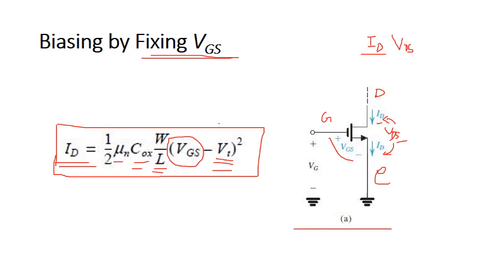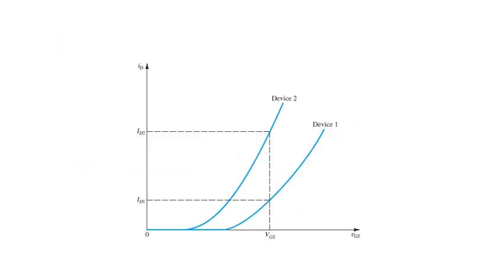Let us check a graph of ID versus VGS. Now here if we check, this is the characteristics of two MOSFET devices manufactured by the same company. If we fix the VGS over here, check out the variation in the drain current ID.